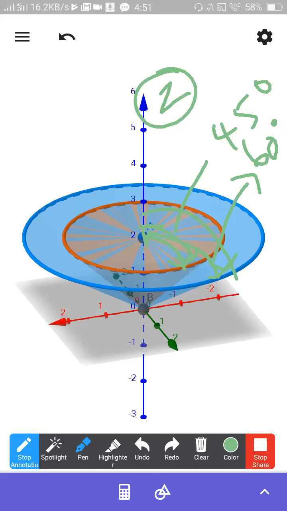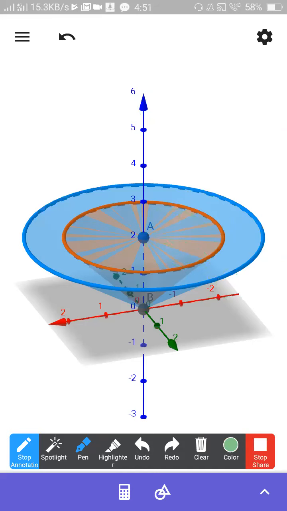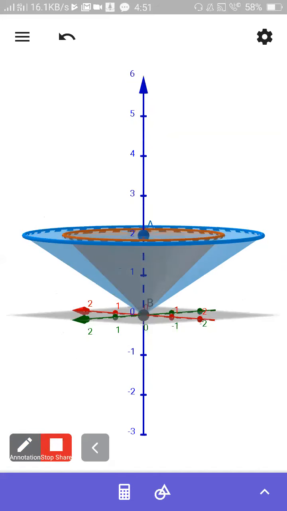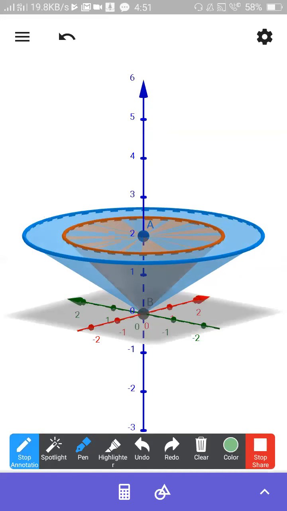So what happens if I take theta higher again? When will my theta be 90 degrees? Once I reach the x-axis, my theta will be 90 degrees. Let me clarify.